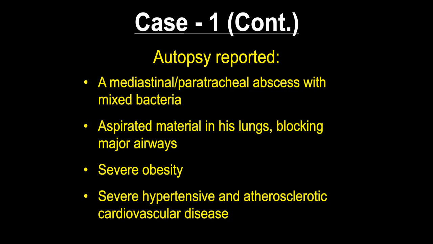A mediastinal and paratracheal, meaning next to the trachea, abscess was found with mixed bacterial causation, lots of different kinds of bacteria. Aspirated material that had been vomited up, if you will, and then breathed down into the airways was found in his lung, and it blocked major airways. He was severely obese. He was also severely hypertensive and had extensive atherosclerosis.